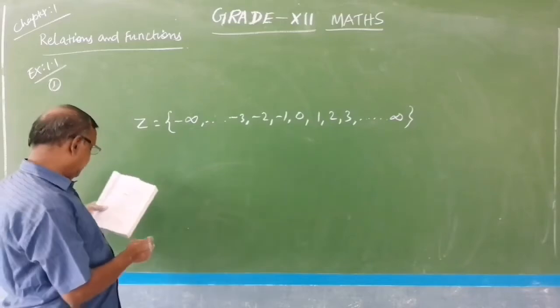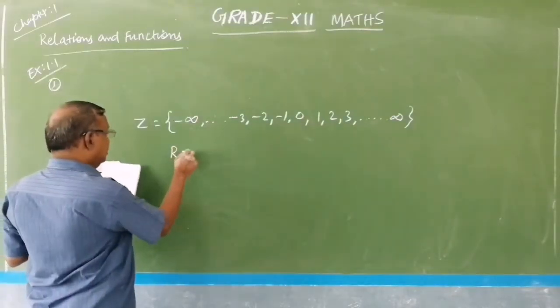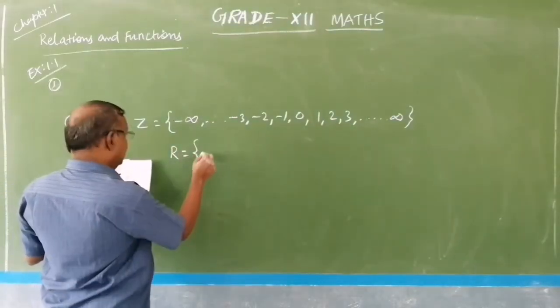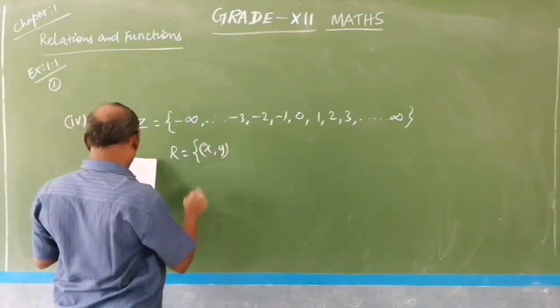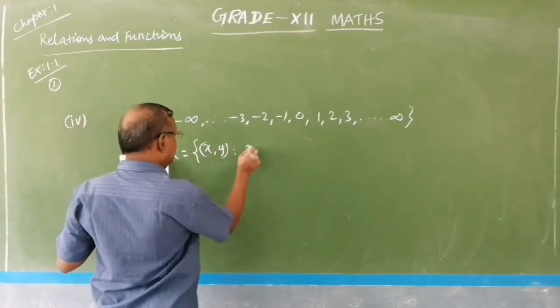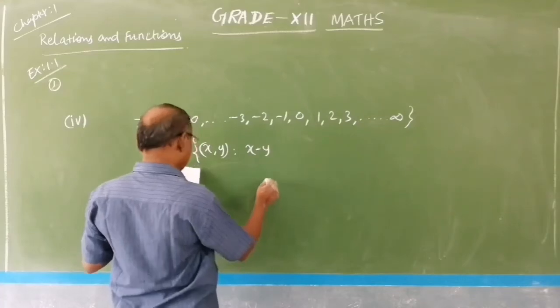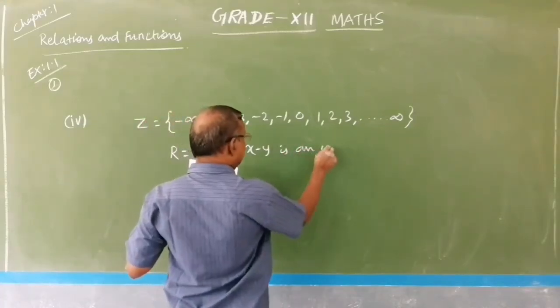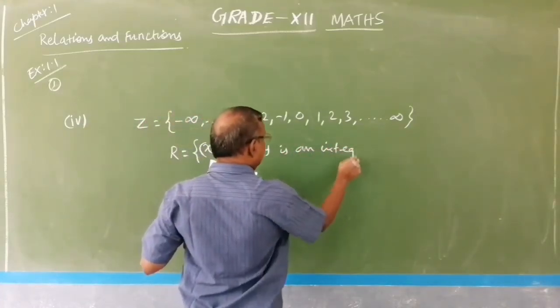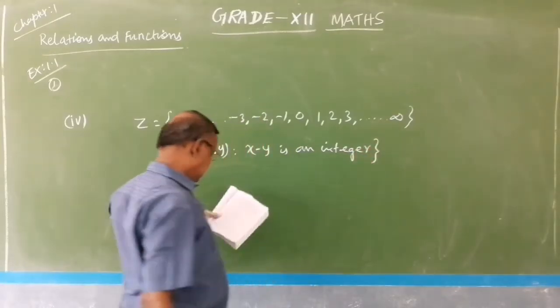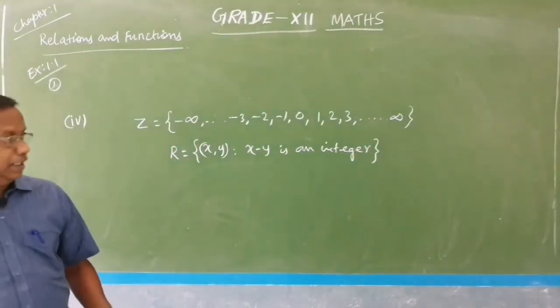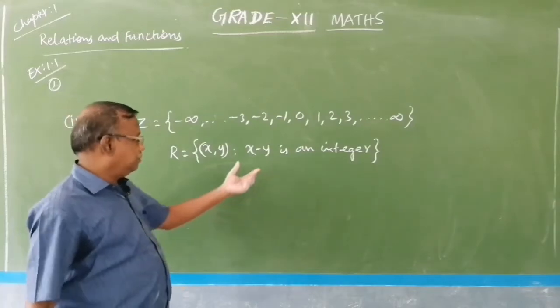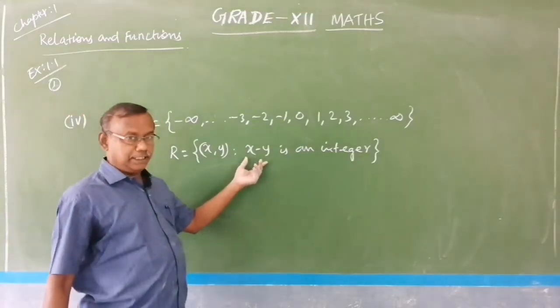Now we are given the relation R defined as (x, y) such that x minus y is an integer. We know that the difference between any two integers is again an integer.